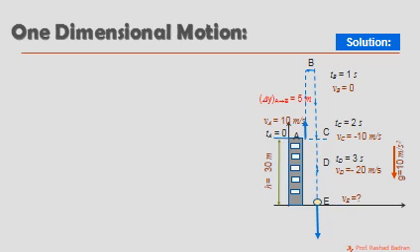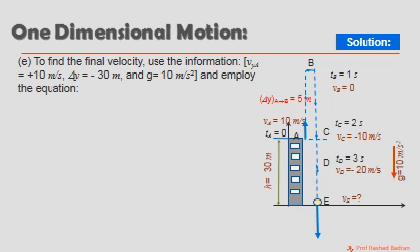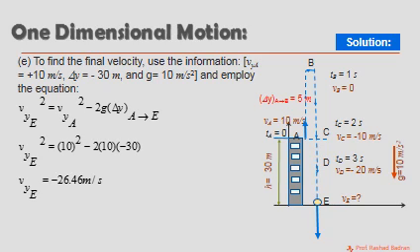And finally, to find the velocity as the ball strikes the ground, we put the information we have for the initial velocity at A, 10 meters per second positive, as we said, and delta y, which is the displacement as the ball goes from A to E. Then we employ the fourth equation, substituting v initial as 10 and delta y as minus 30.